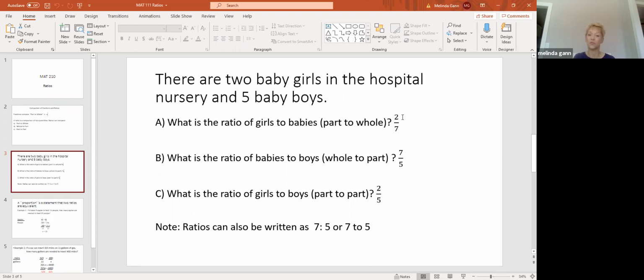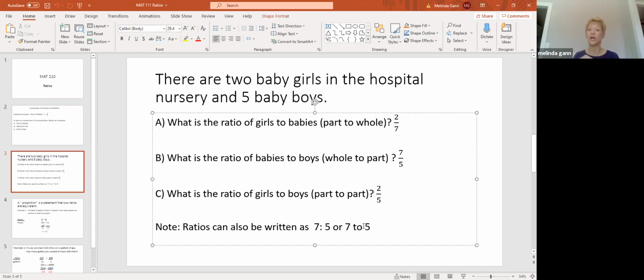Now, because ratios written like this look so much like fractions, often you'll see them written differently, especially with a colon. The top number comes first and then a colon and the bottom number. And that would be read 7 to 5. And sometimes they'll literally just put the word "to" between them: 7 to 5. So for me, you can write it any way you want to, and I need you to recognize it all 3 ways.